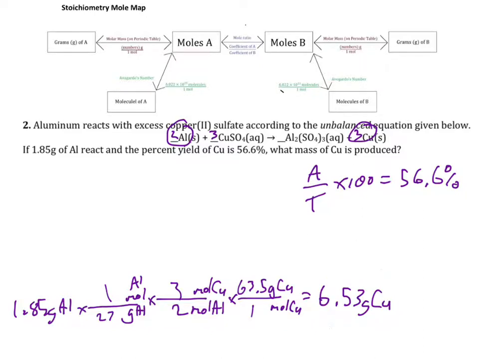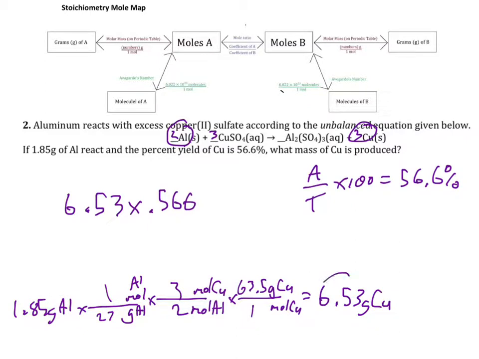Now, this is the theoretical yield, and you can totally plug it into that, but instead, what you can do is, remember from math class how you find the percentage of something. So how do we find 56.6% of that? Well, we take this and we just multiply it by its percentage in decimal form. So this is definitely something you learned in math.